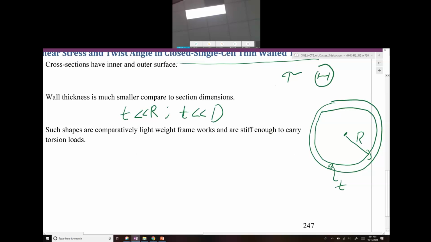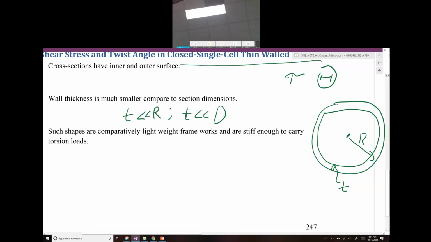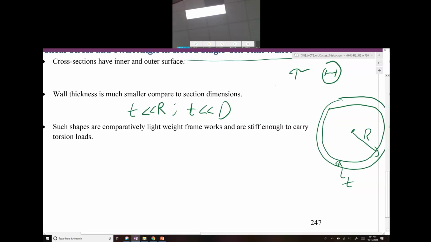All right. So these, they have an outer surface and an inner surface, and the benefit of tube sections, especially if they are undergoing a torsional load, is because they have such a large outer radius, it increases their polar moment of inertia, which would decrease the shear stress in the section.